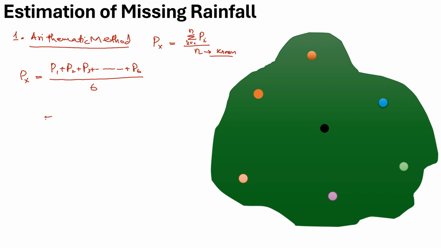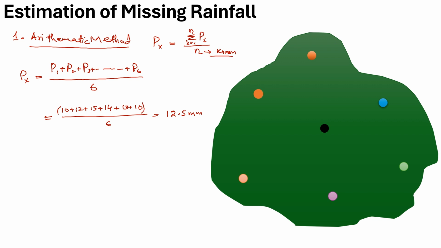So we'll simply put in the values: let us say P1 is 10, P2 is 12, P3 is 15, P4 is 14, P5 is 13, and P6 is 10, divided by 6. We'll add up these six values and divide by 6. Let us say this gives a value of 12.5 millimeters.